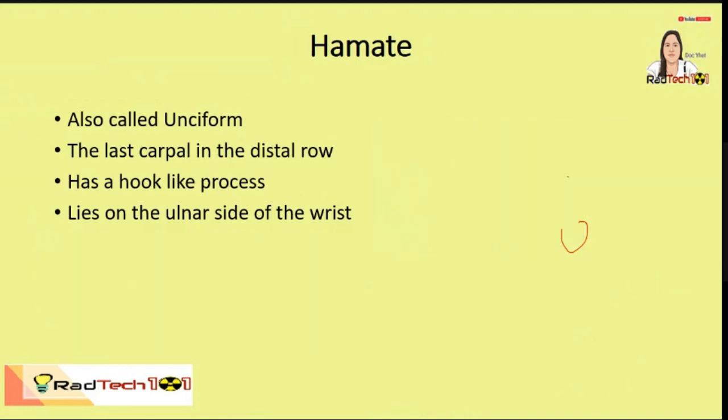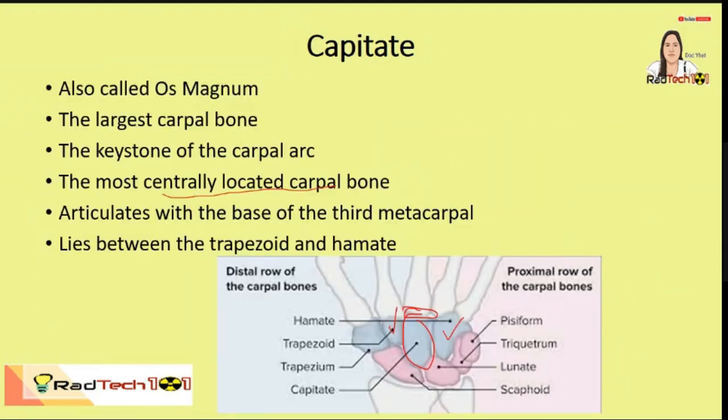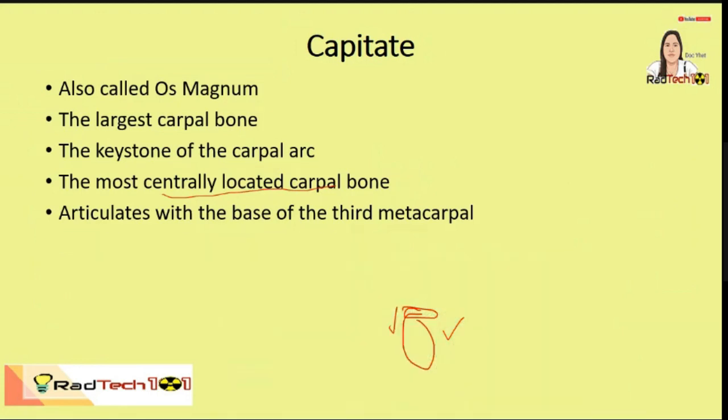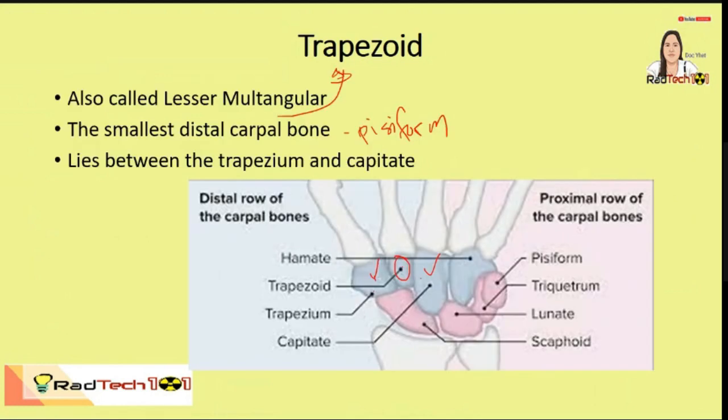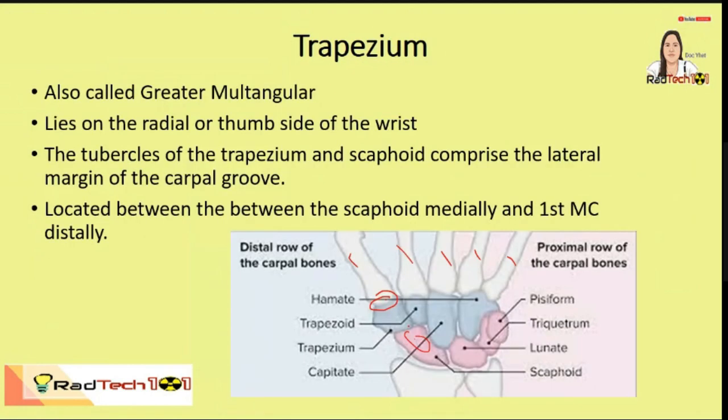So kanina, the scaphoid, isa na yun. So trapezium and scaphoid, lateral margin. Okay? So lateral margin siya of the carpal groove. 'Di ba? Again, you have to recall your lateral and your medial. Okay?